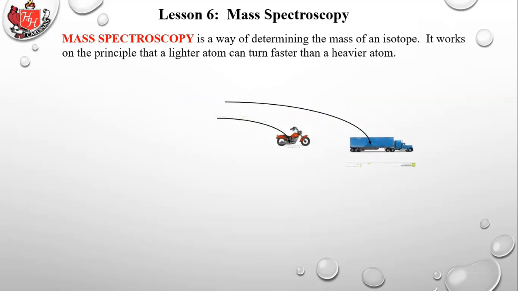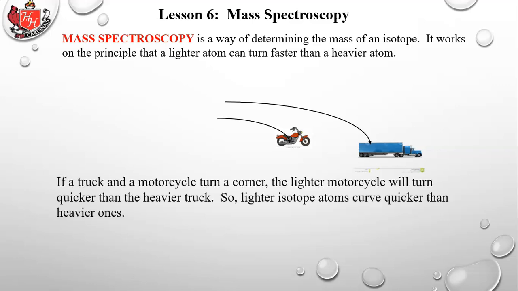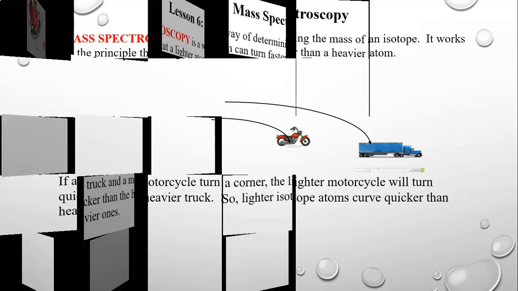So if you look at that car, that motorcycle, and that truck, when they try to turn a corner, the motorcycle, which is small and light, can turn much faster than the truck. So lighter isotope atoms curve quicker than heavier ones.